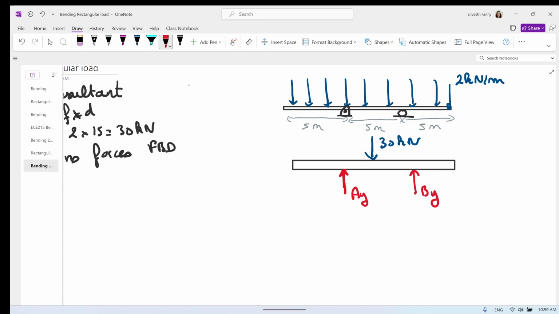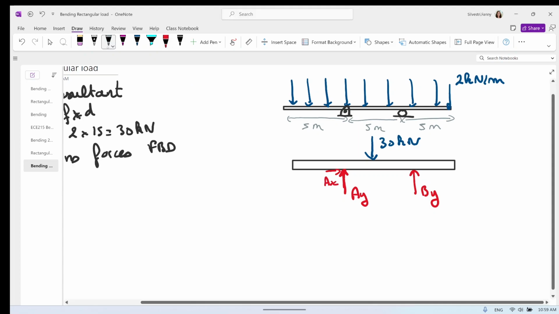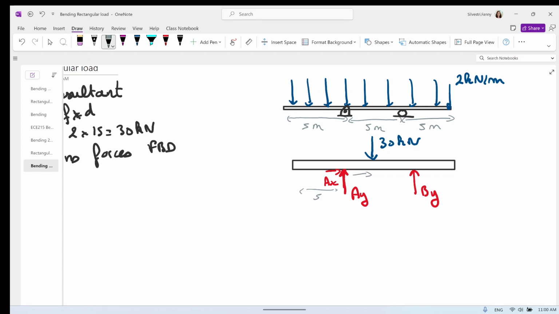At A, we can technically also have an AX, but it's 0 because there is no normal force anywhere. And we need to look at the distances. We have this distance there, 5. The distance between this one and this one is 2.5 because it's in the middle, 2.5 and 5 again.